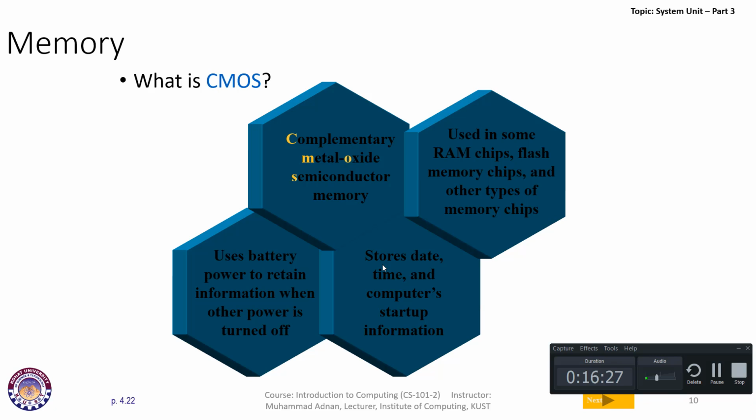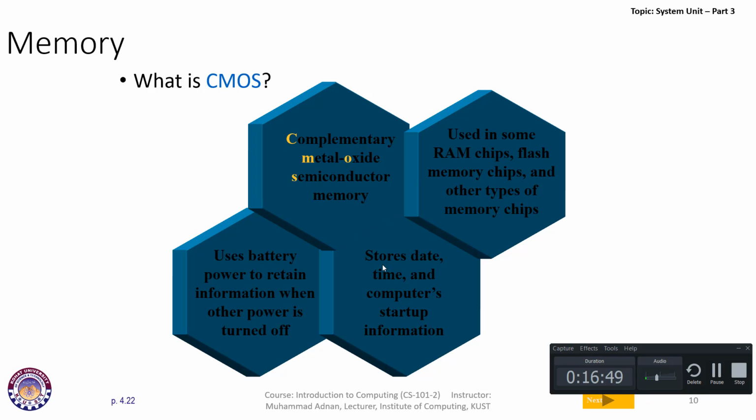Then we have another type of memory called CMOS, complementary metal oxide semiconductor memory. It uses battery power to retain information when other power is turned off. It stores date, time and computer startup information. It is used in some RAM chips, flash memory chips and other types of memory chips.